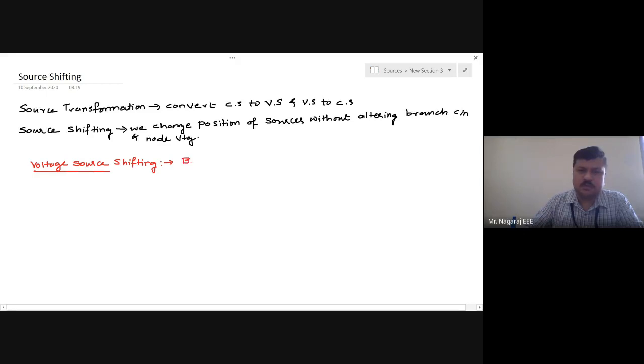Just remember the key point: voltage sources are shifted beyond nodes. Okay, so let us take a general circuit.